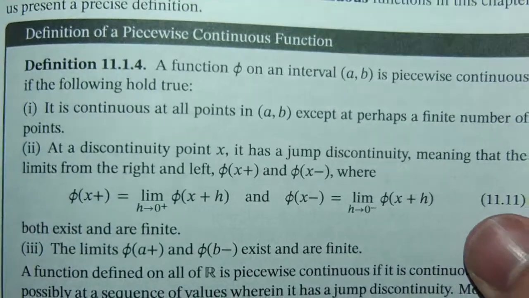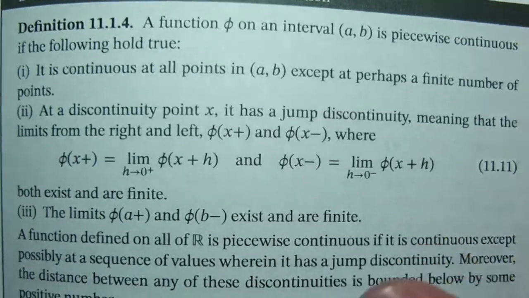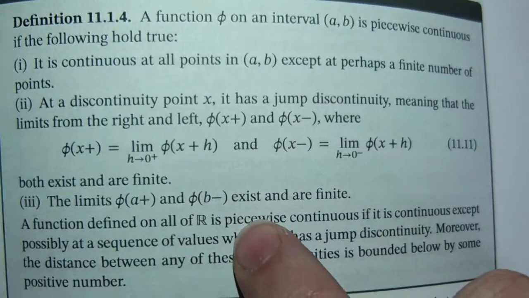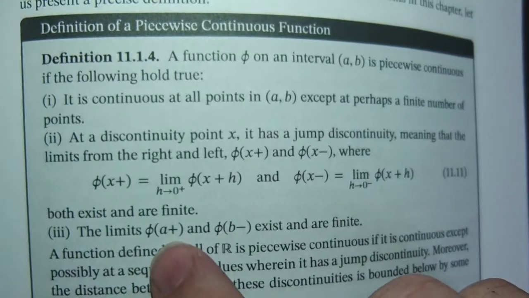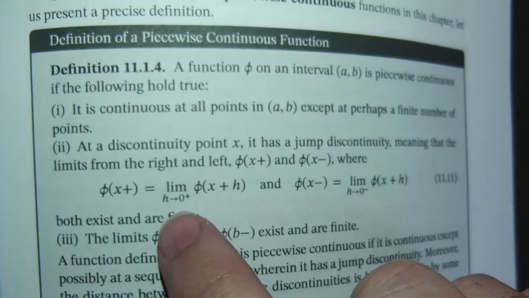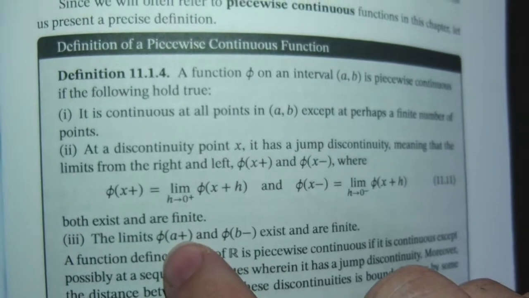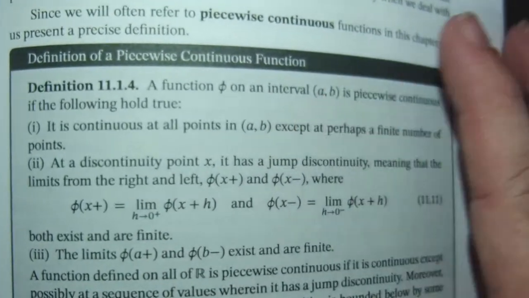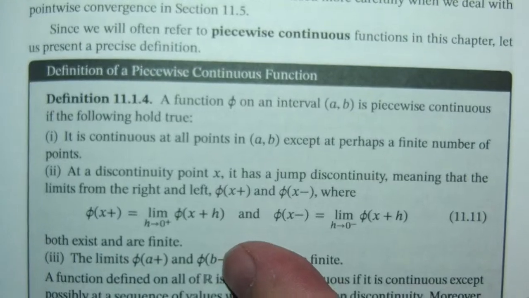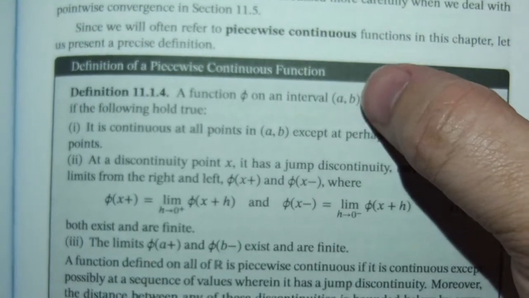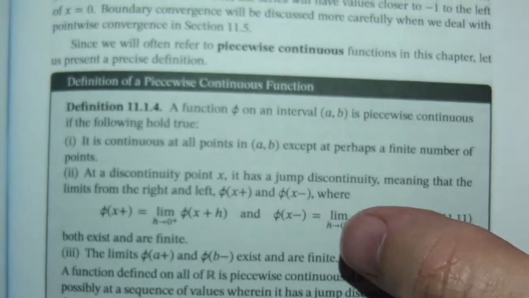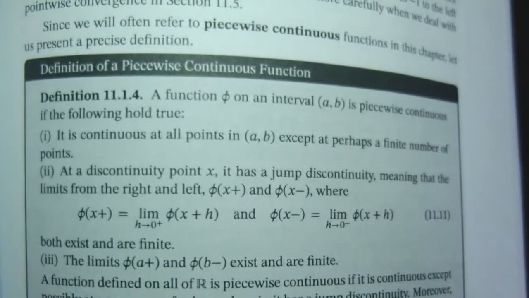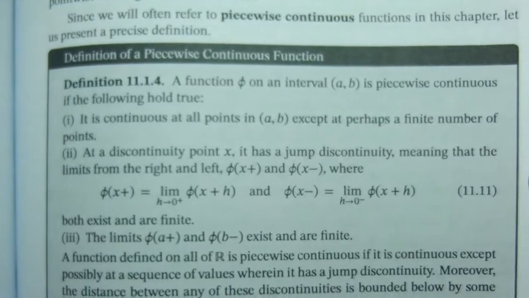And the limits at the endpoints exist and are finite. So phi of a plus, that is the limit approaching the left endpoint from the right, and phi of b minus, which is the limit of phi approaching the endpoint from the left, both of those exist and are finite, so it's not allowed to go off to plus minus infinity at the ends.